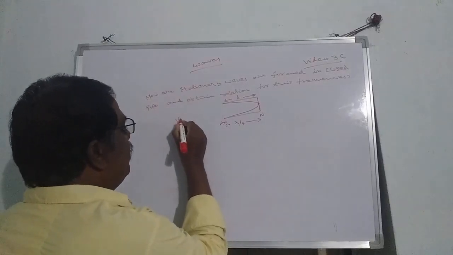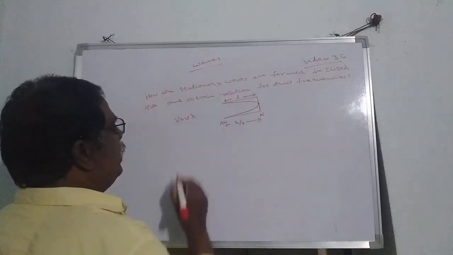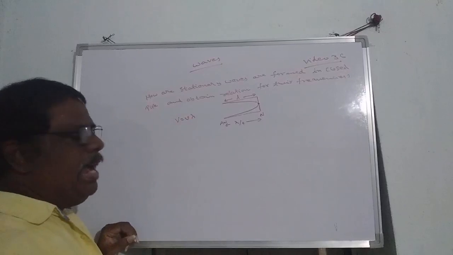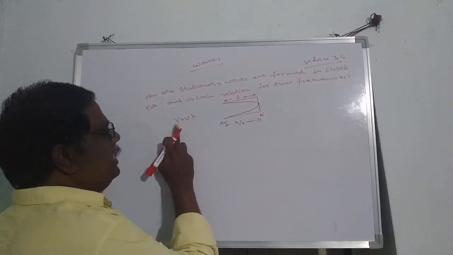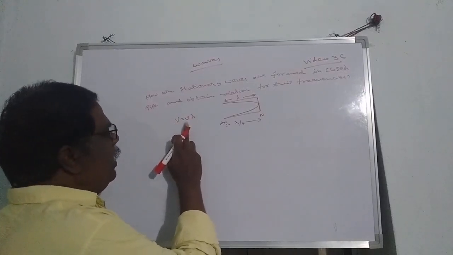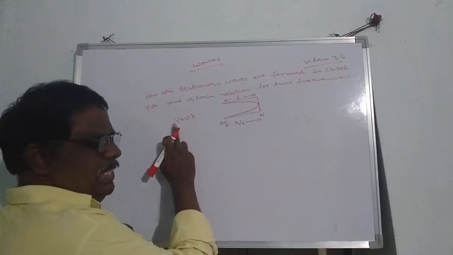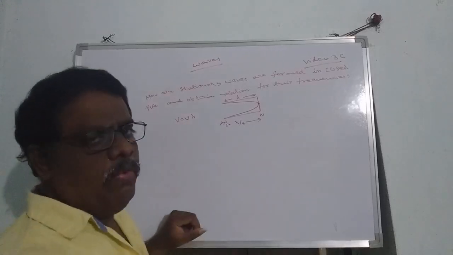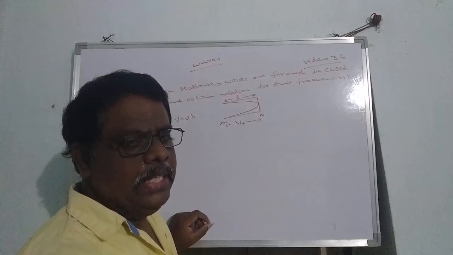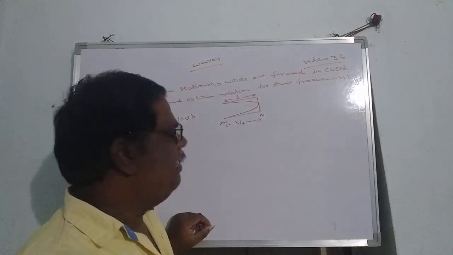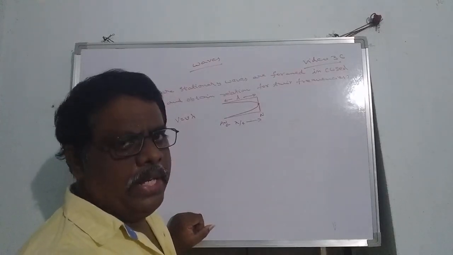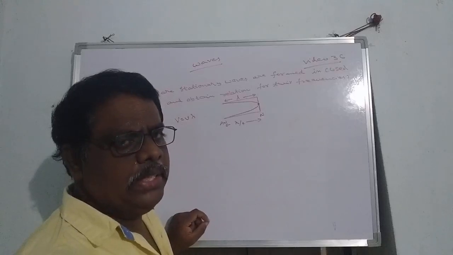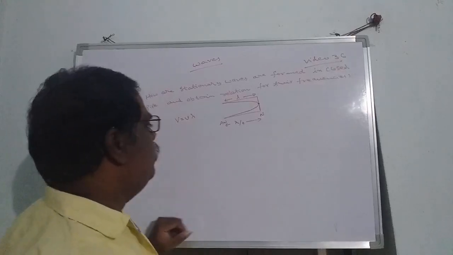Generally, the relation between velocity, frequency and wavelength is V equals mu lambda, where V is the velocity of the wave, the distance traveled by the wave in 1 second. Frequency is the number of oscillations or cycles completed in 1 second. Wavelength is the distance between two successive nodes or antinodes.